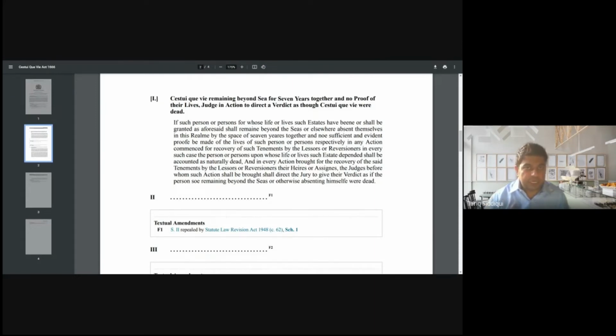Here it is. Here's my interpretation. Please don't hold this to anything, okay? What this paragraph is saying is that even if you were alive yourself, but you did not claim yourself to be alive, you would be considered as remaining beyond the seas or otherwise absenting himself, as dead, as if they were dead.